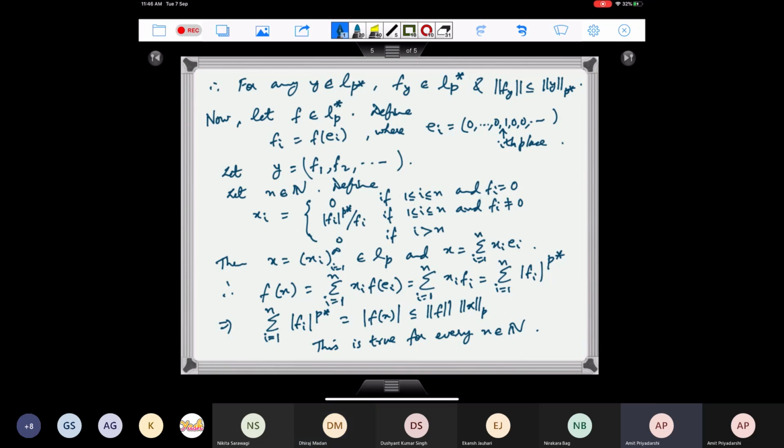So this is equal to norm f times what is norm x p, that is equal to summation i equal to 1 to n mod fi to the p star and raised to power 1 by p. Right? Because norm x p is equal to summation of xi to the p raised to power 1 by p.